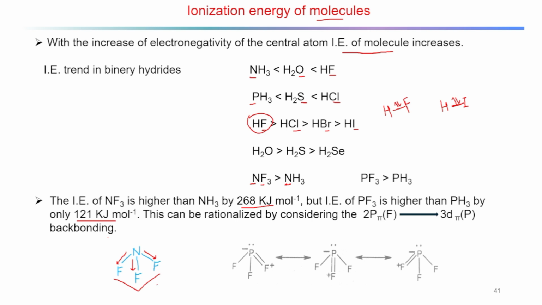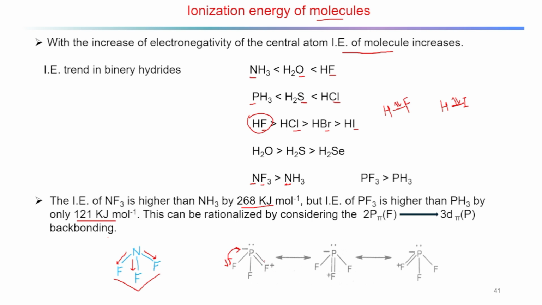Now, in case of NF3, there is no vacant orbital in nitrogen. So that's why these fluorines are just pulling the electrons towards themselves. Now, in case of PF3, phosphorus has vacant 3d orbitals. So the electrons of the fluorine can actually go to the vacant 3d orbital of the phosphorus, and that can make a double bond.